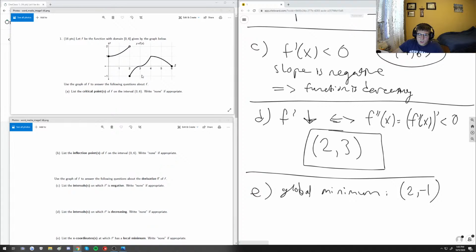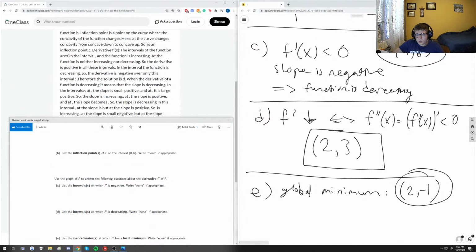In terms of local minimum, we can say that the global minimum is a local minimum, so that makes it a candidate. What I'm wondering here is if we were to consider these other points.